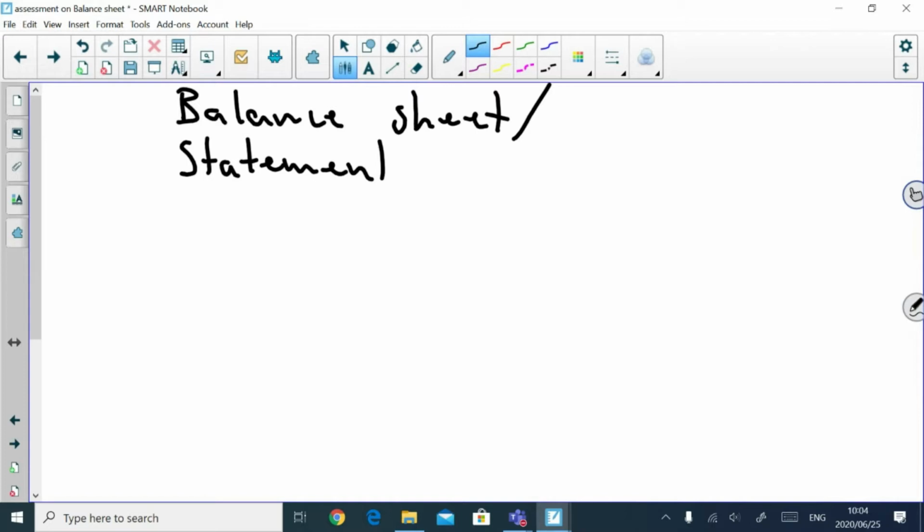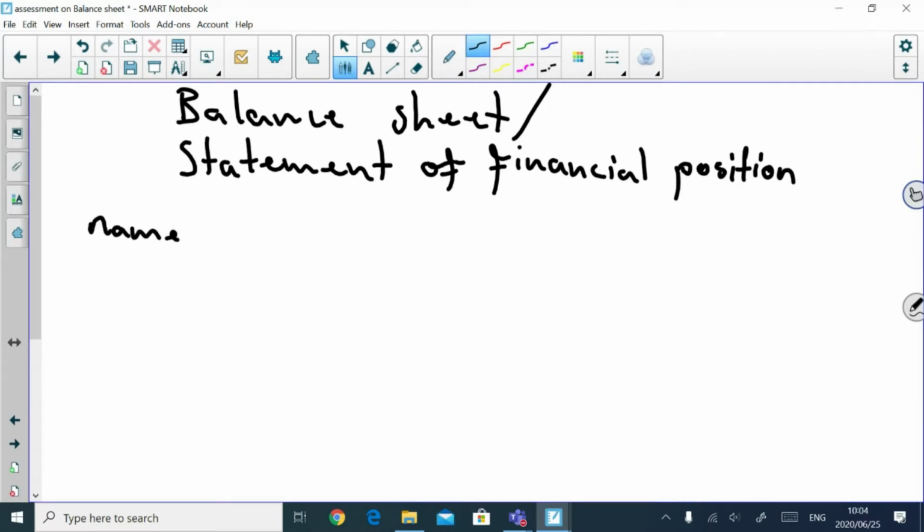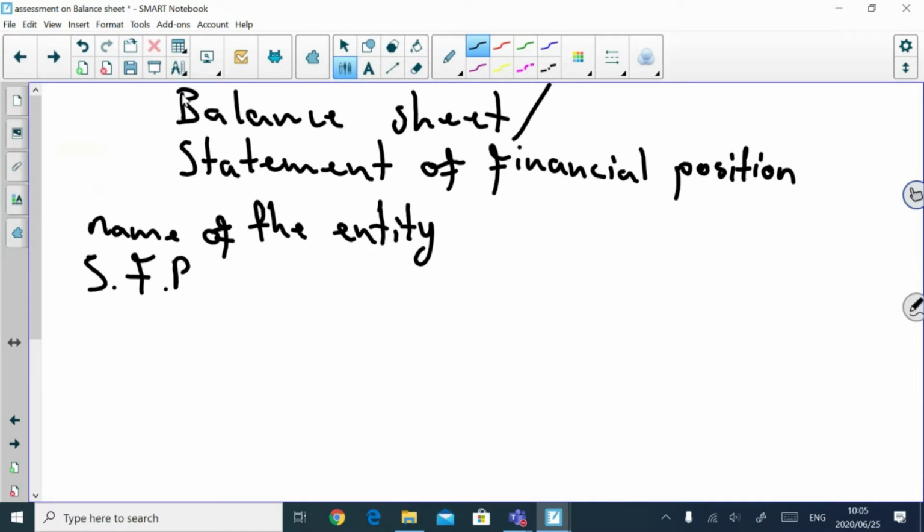You first have to state, just to recap, the name of the company, the name of the entity, then the statement of financial position, and the date, as at the date or period.